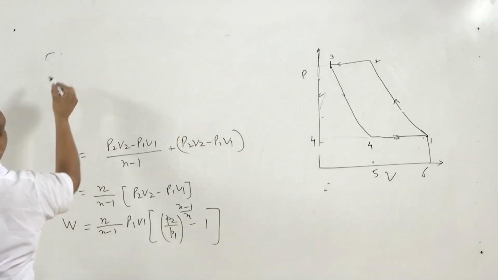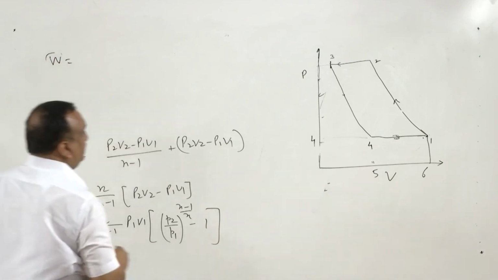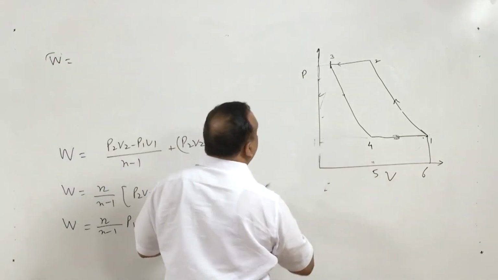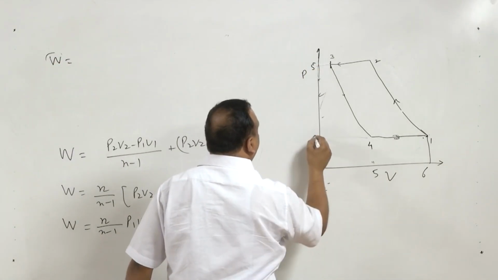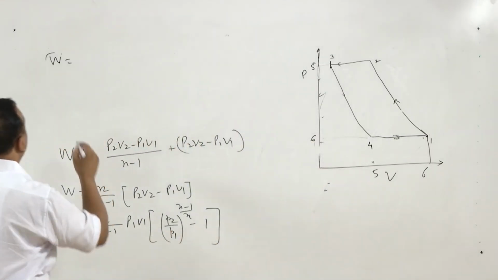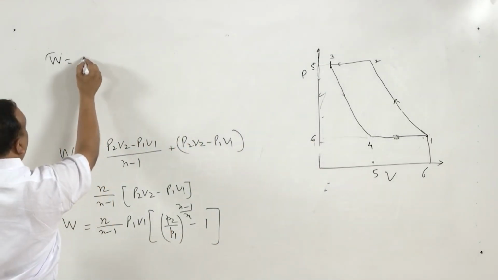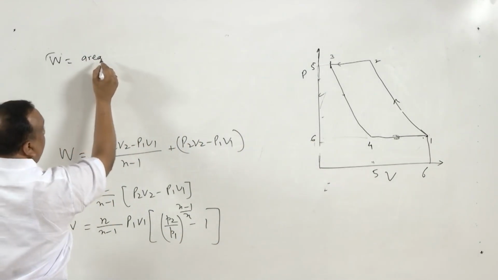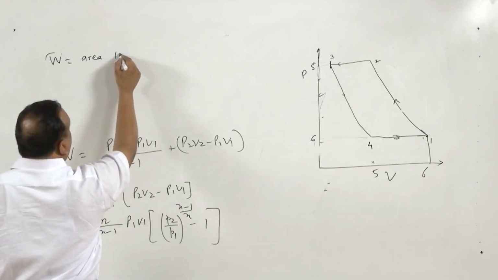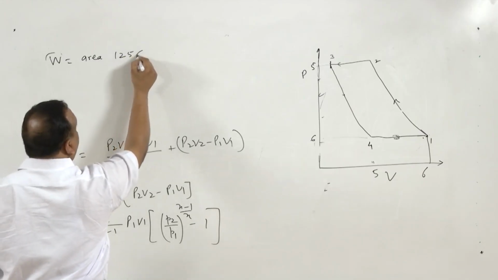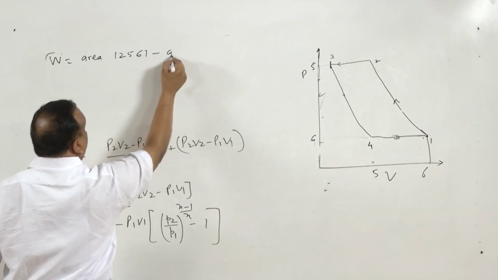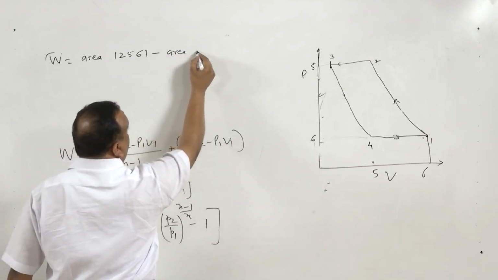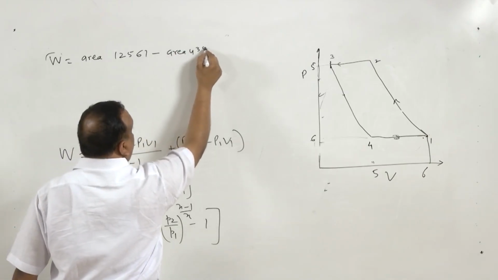So net work done for this, let us take 5 and 6, will be area 12561 minus area 43564.